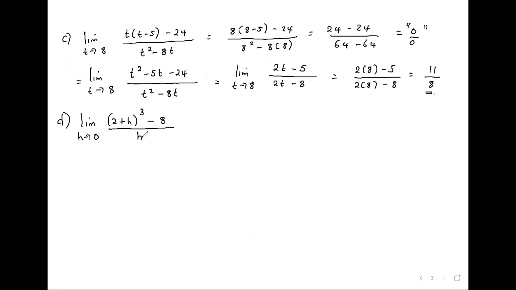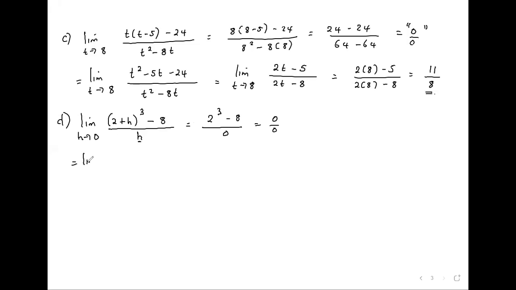Okay, what about this one? 2 plus h, 3 minus 8 over h. The way it is sitting like this, we know we have an issue here. So let's substitute directly. We'll get 2 to the power 3 minus 8 over 0, which is 0 over 0.